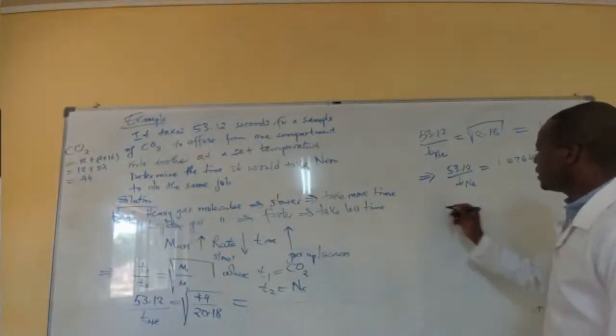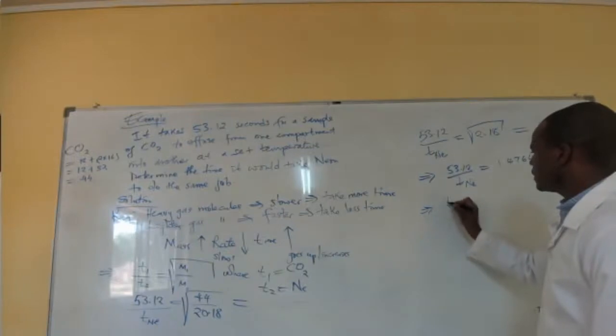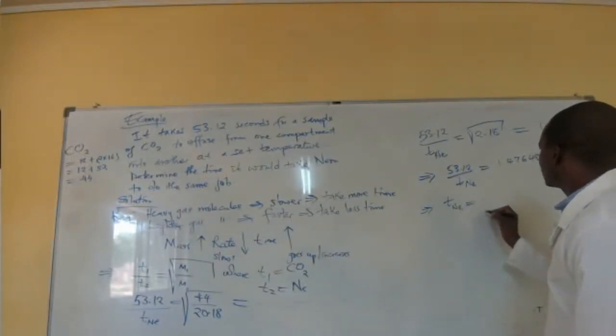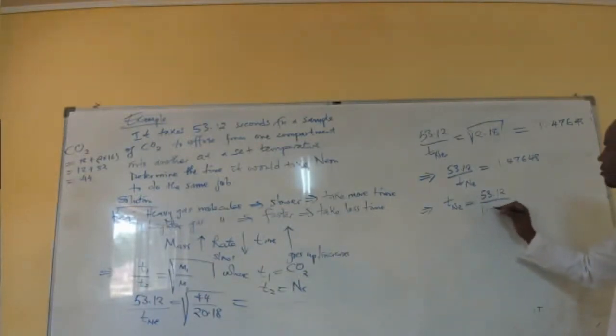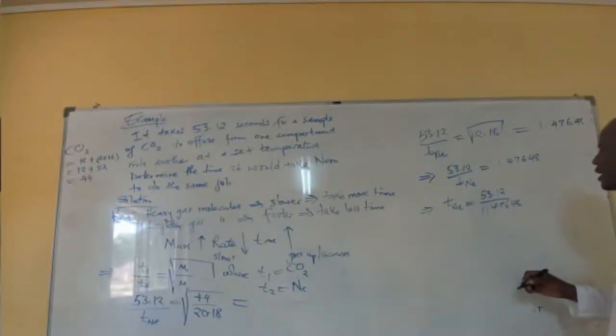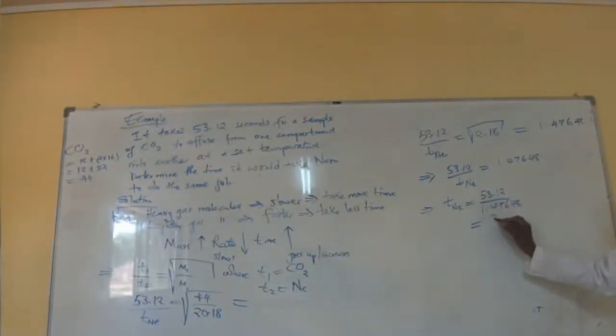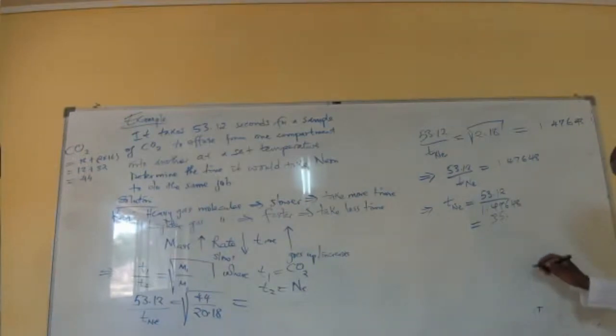What you're going to have is T neon is equal to 53.12 divided by 1.47648. When you simplify that, what you're going to get is 35.977 seconds.